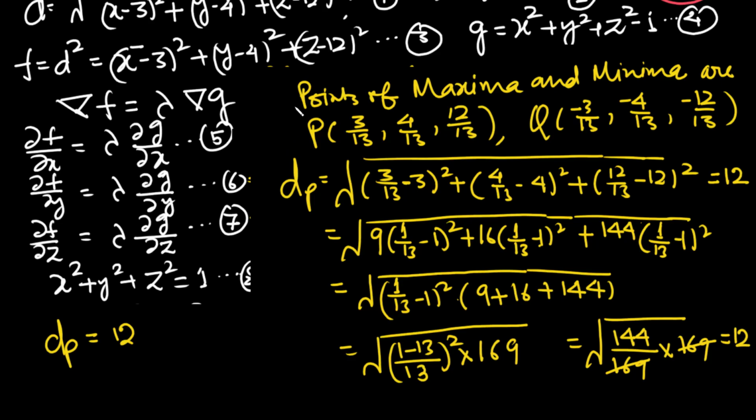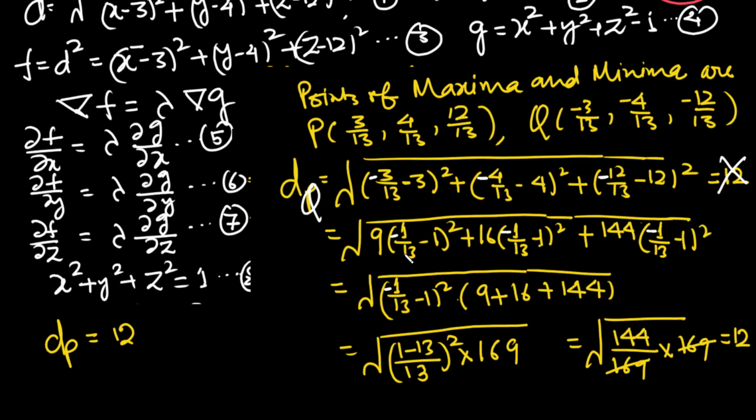Now we have to find the value of the distance function at point Q, so we will use this expression again. What will be the change? The point is minus 3 by 13, minus 4 by 13, minus 12 by 13. Again 9 comes out, and we have minus 1 by 13 in each bracket. The rest will remain the same.